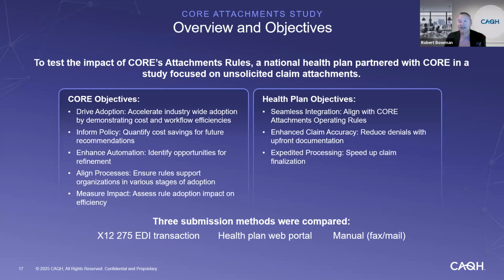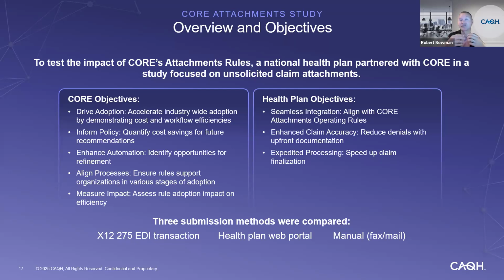Health plans also had some really important objectives to meet. They wanted a seamless integration. They wanted to automate as much of this process as possible, so anywhere they had to drop down to a manual process was identified, along with what kind of resources it would take to resolve those. Also, because they implemented the 275, and again, like we mentioned, the PWK segment and what data comes in on the attachment and how we match that up on the claim for that reassociation component, how did it help improve or enhance claim accuracy?